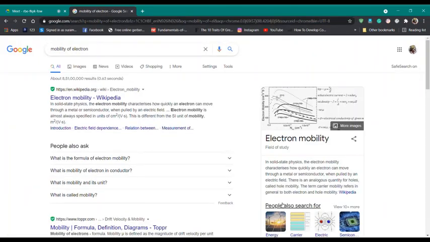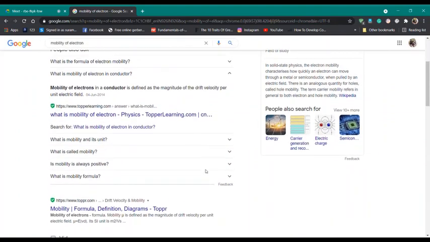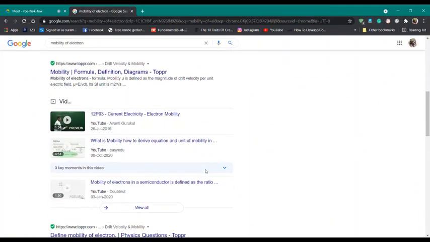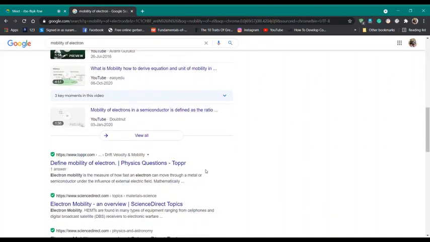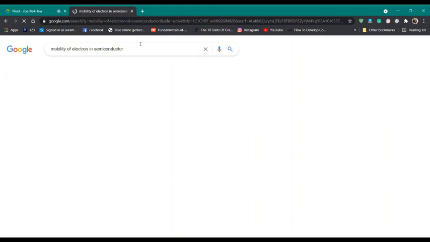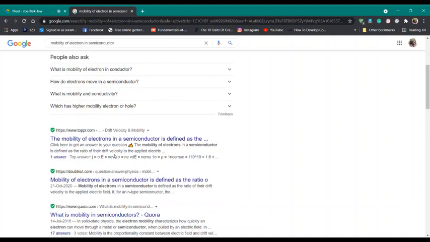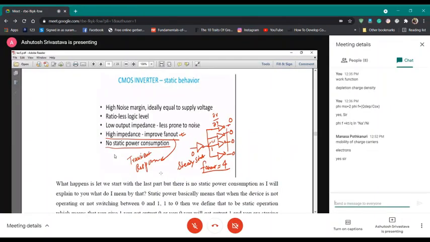They are almost twice as fast. So to have the same flow of current, you have to design the W by L ratio of NMOS and PMOS transistors, taking into account the mobilities of electrons and holes.